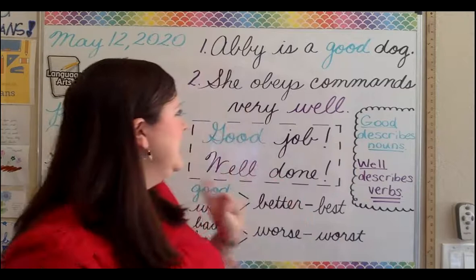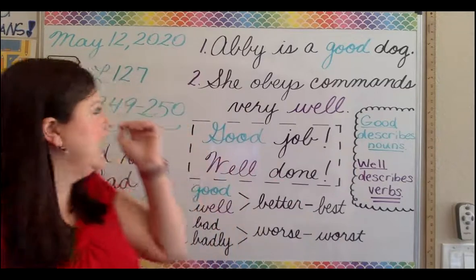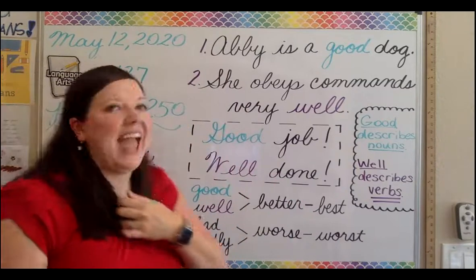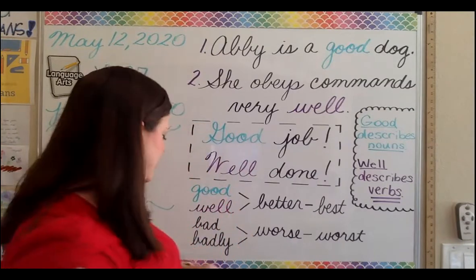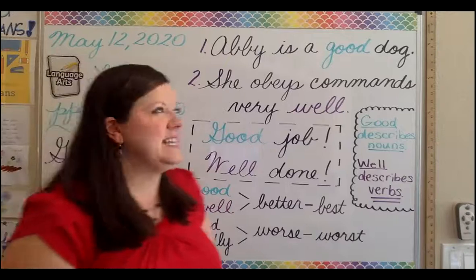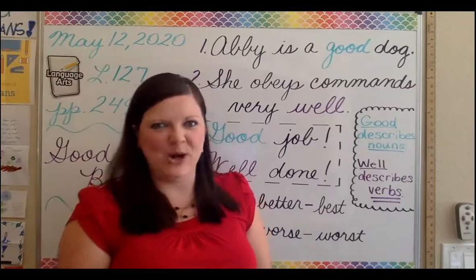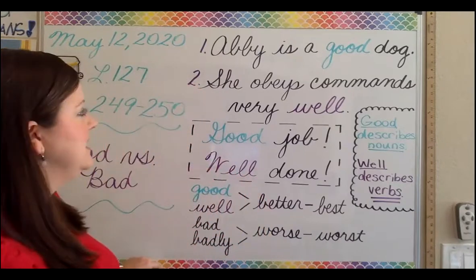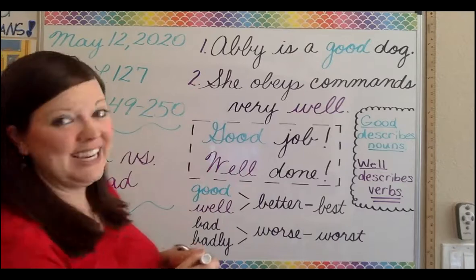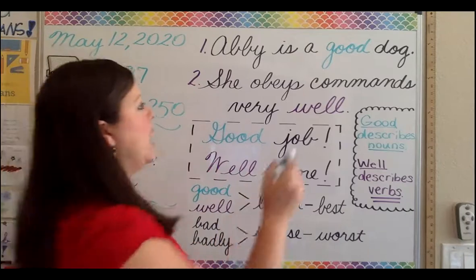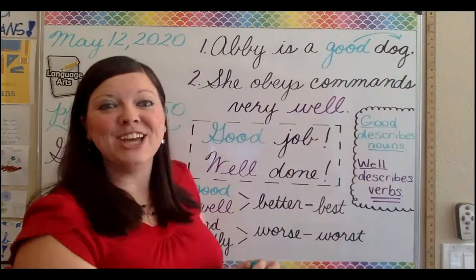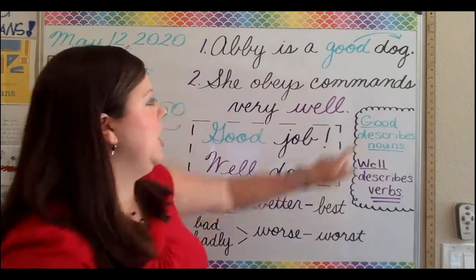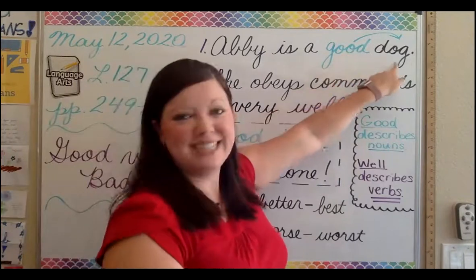Now, let's look at the sentences that I have on the board today. Number one, Abby is a good dog. I would never say Abby is a well dog, but I could say she's a good dog. Good is describing what type of dog she is. Remember, good describes nouns.